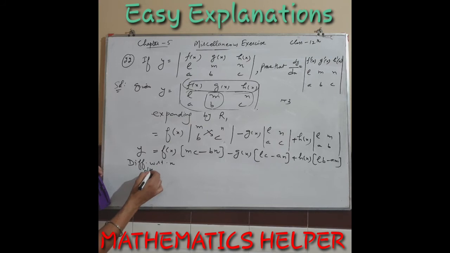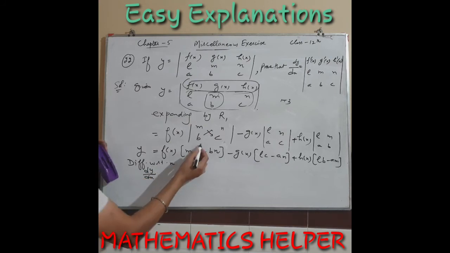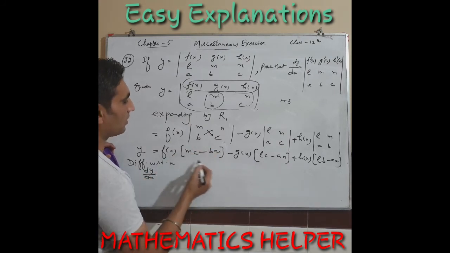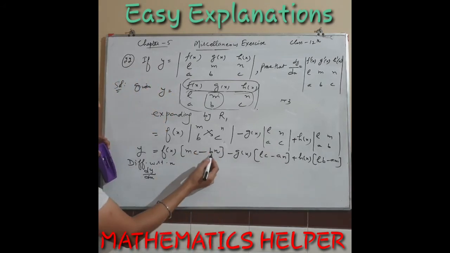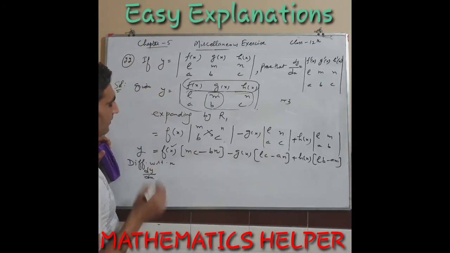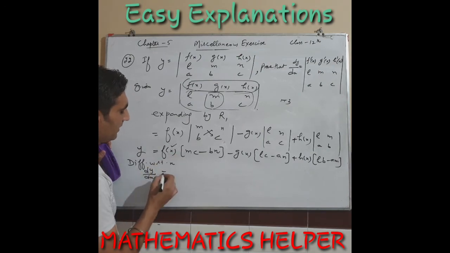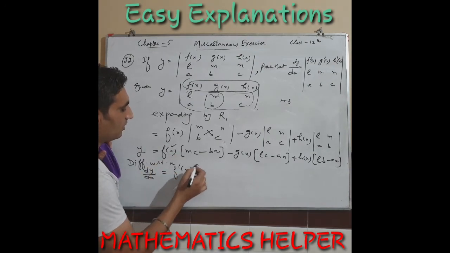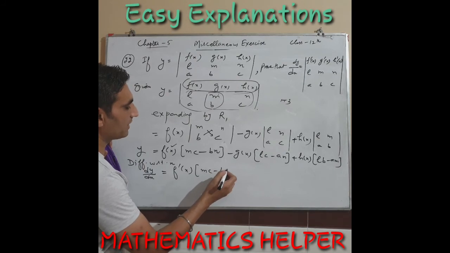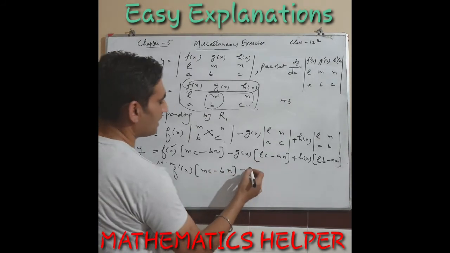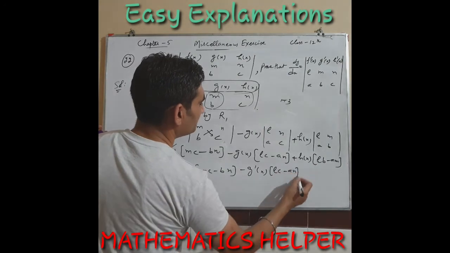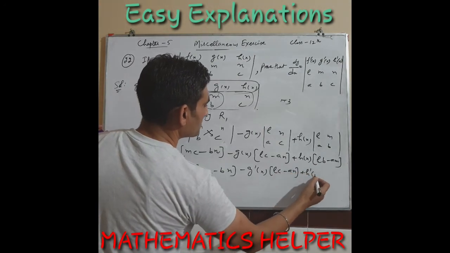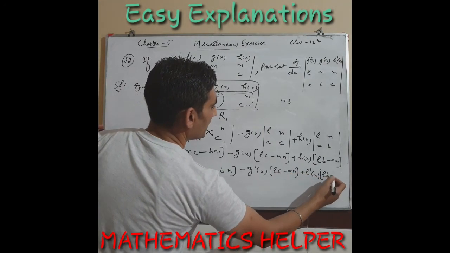It will be dy over dx. Students, here they all are constants. There is no effect of derivative on them. So derivative will be of only the functions in x. So it will be f dash x along with this same value (mc minus bn), minus g dash x (lc minus an), plus h dash x (lb minus am).